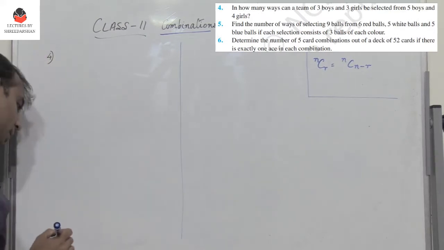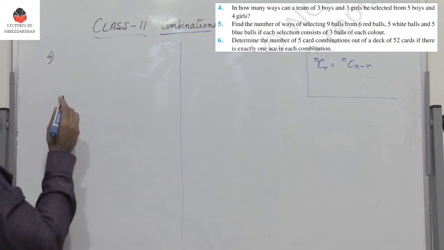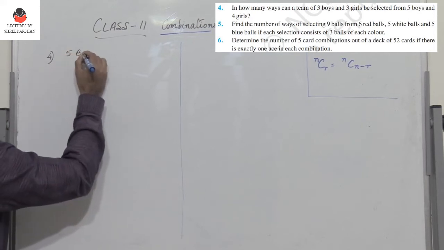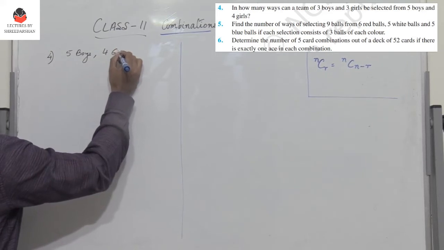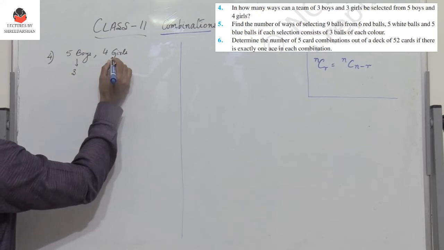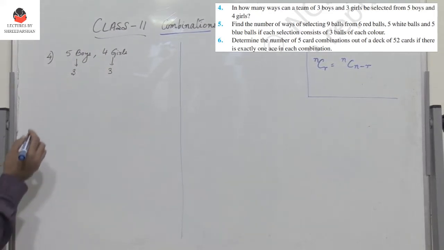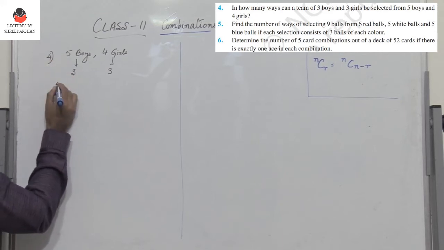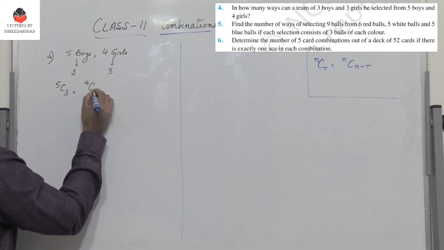Question 4. In how many ways can a team of 3 boys and 3 girls be selected from 5 boys and 4 girls? So there are 5 boys and then there are 4 girls. So a team has to be made by selecting 3 from 5 boys and 3 from 4 girls. So again it's very simple. I need to select 3 from 5, so it is 5C3, and again select 3 from 4, so it is 4C3.